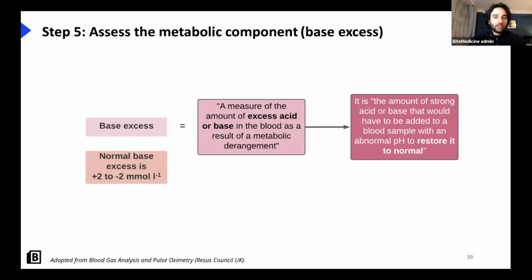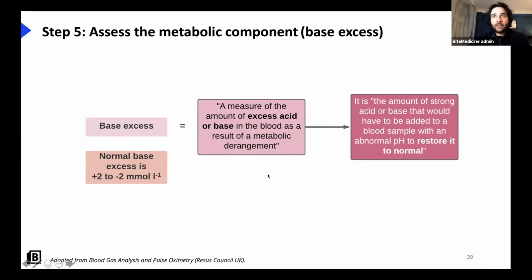So that's really all it is. I wouldn't get too bogged down in the exact definitions, but it's essentially there to back up your suspicion of a metabolic alkalosis or acidosis. If you've got a metabolic acidosis, you would expect your base excess to be negative. If you've got a metabolic alkalosis, you would expect your base excess to be high, because it reflects how much bicarbonate is actually in your system.